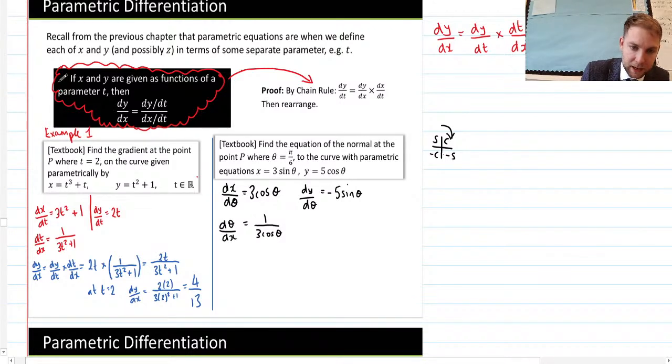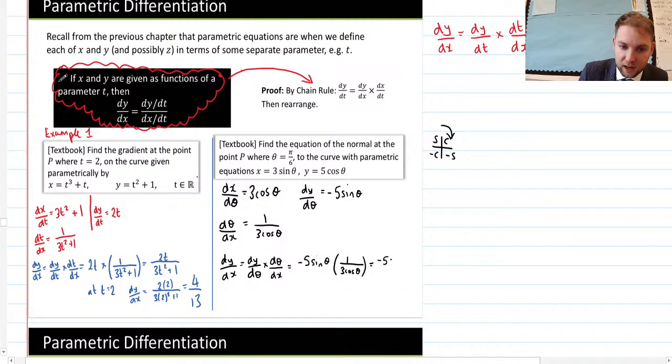So if I want dy by dx here, using a very similar formula, is equal to dy by d theta times by d theta by dx, which is equal to minus 5 sine of theta times by 1 over 3 cos of theta, which is going to leave us with minus 5 sine theta over 3 cos theta, which is equal to minus 5 over 3 tan of theta.